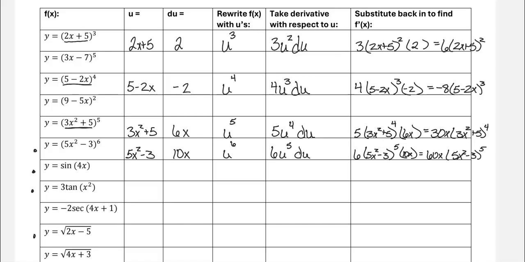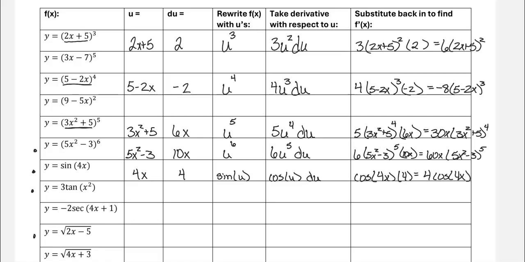On this one, the argument of sine, which is 4x, is my inside function. The derivative is 4. So now I'm looking at taking the derivative of sine of u. Derivative of sine is cosine times du. And then we're going to substitute back in. My u was 4x, my du is 4, so this is 4 cosine of 4x.